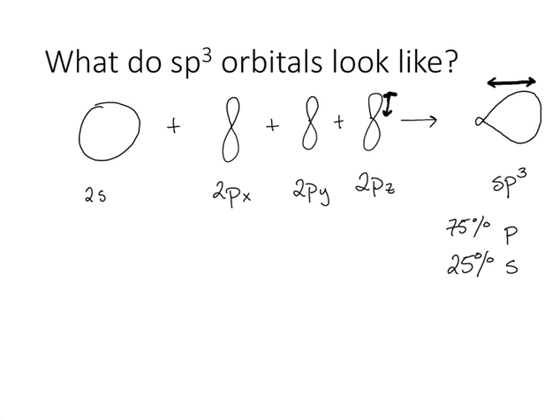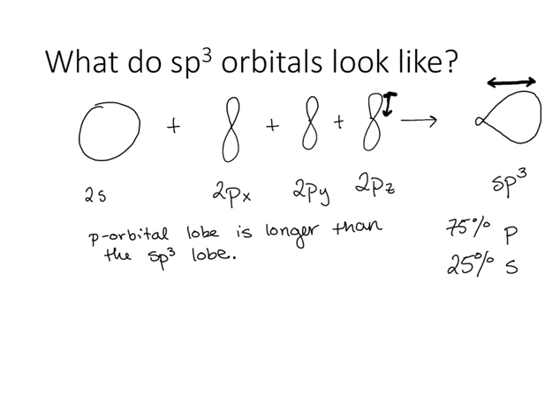So the p orbital lobe is longer than the sp3 lobe. My drawing isn't to scale, but just keep that in mind.